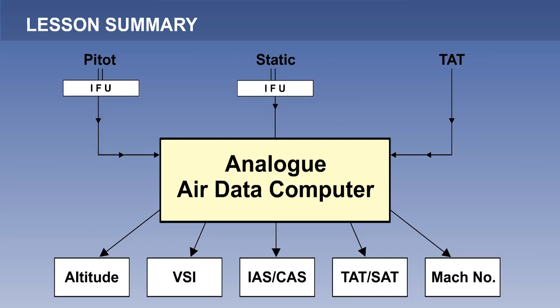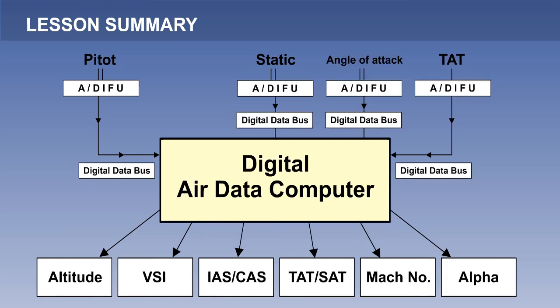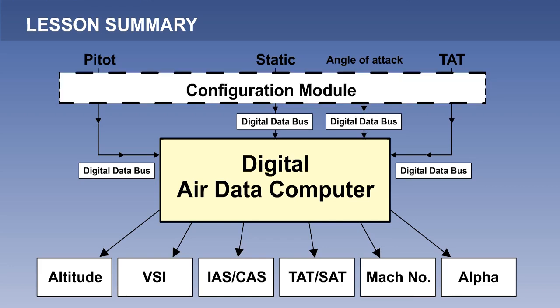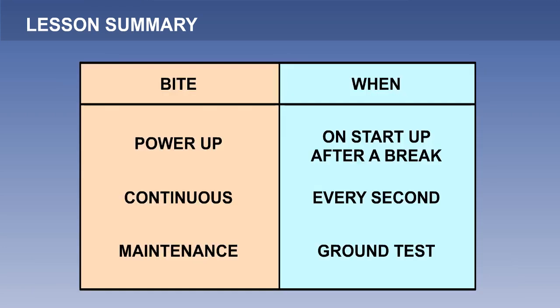In the early days, the pressure data transmission lines were pitot and static tubes. Later systems used remote transducers and sent the source data to the ADC by wire. Modern systems use digital computers and digital data transmission and include angle of attack information. A device called a configuration module allows for position error and K-factor for each aircraft type. There are 3 types of built-in test: startup, continuous, and maintenance.